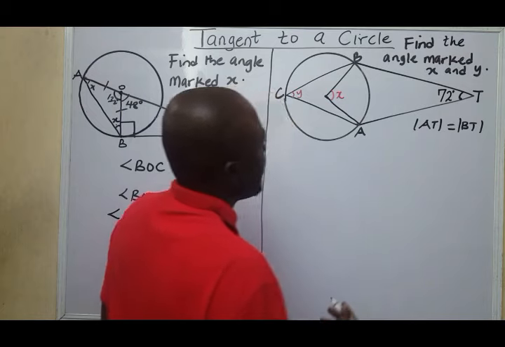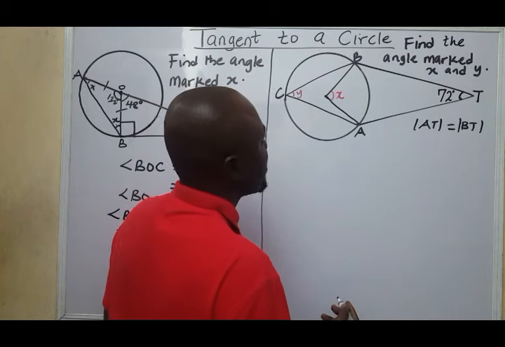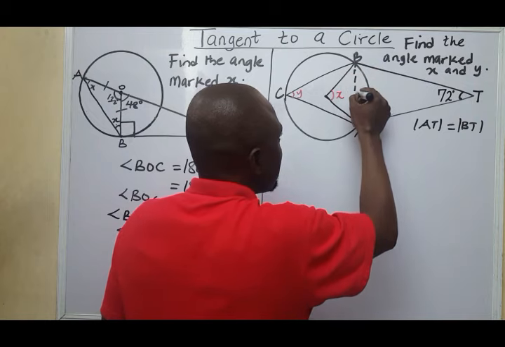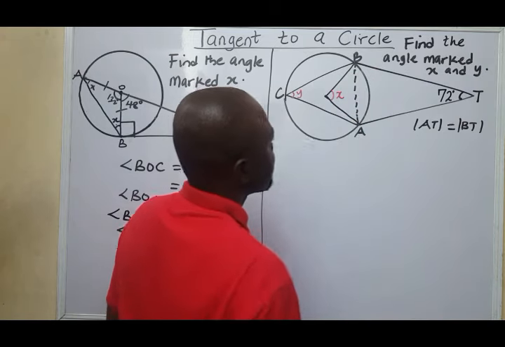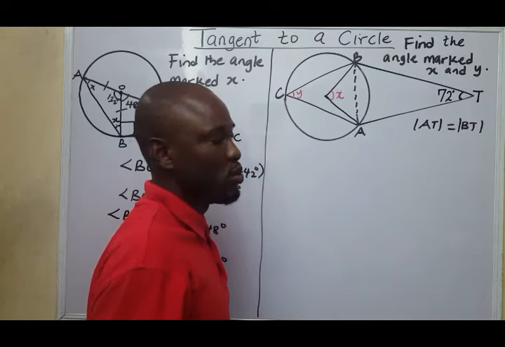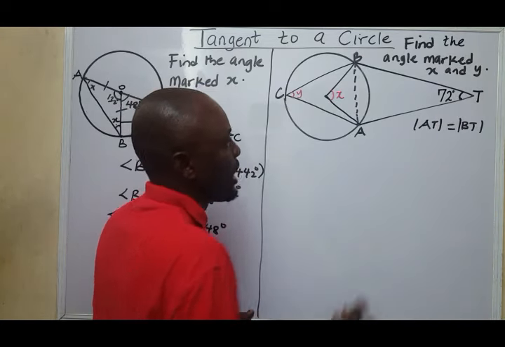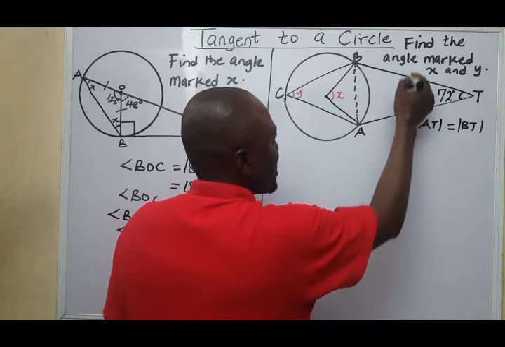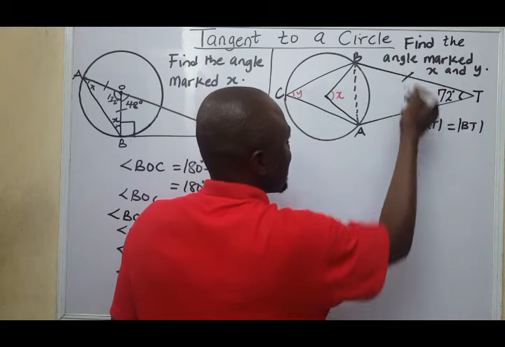So I can do something here. I can project the line this way. If I project this line, now I have ATB as a triangle, but it's an isosceles triangle. Why? Because AT and BT are equal. This side and this side are equal.